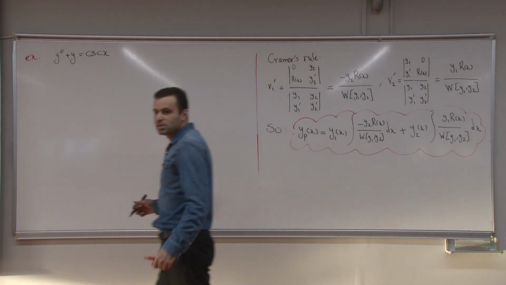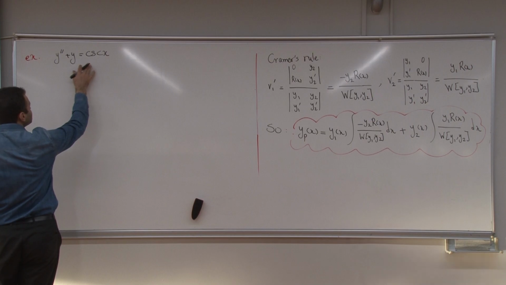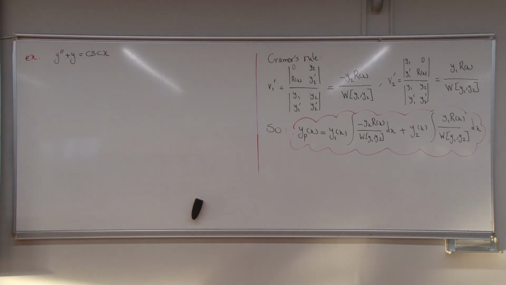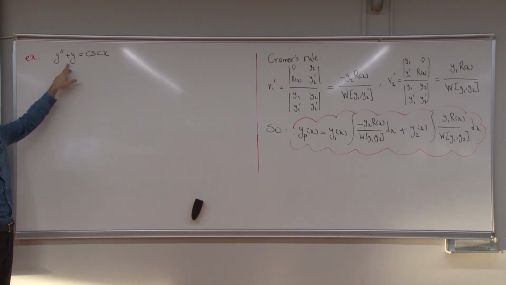What are our steps? First, we need to identify what kind of an equation this is. Is it second order? Yes. Is it linear or not? Yes, it is linear. What is our p of x? 0. What is our q of x? 1, the constant.